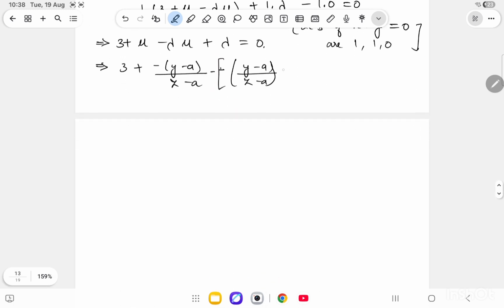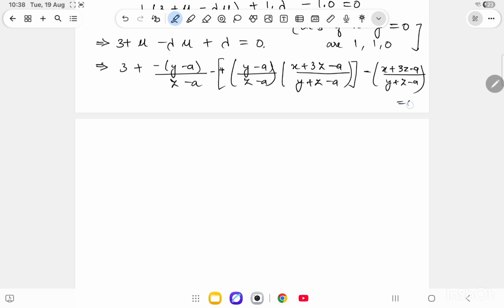It is minus minus plus minus of x plus 3z minus a upon y plus z minus a, y plus z minus a, which is x plus 3z minus a upon y plus z minus a equals to 0.